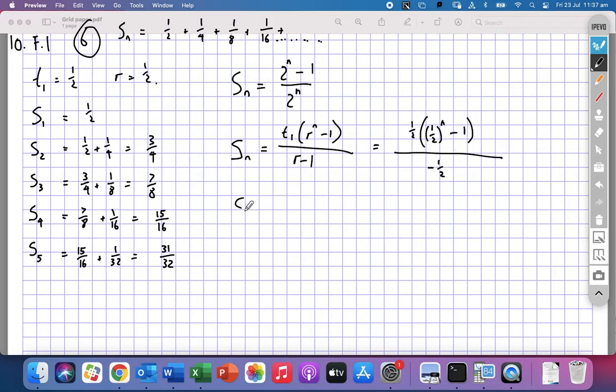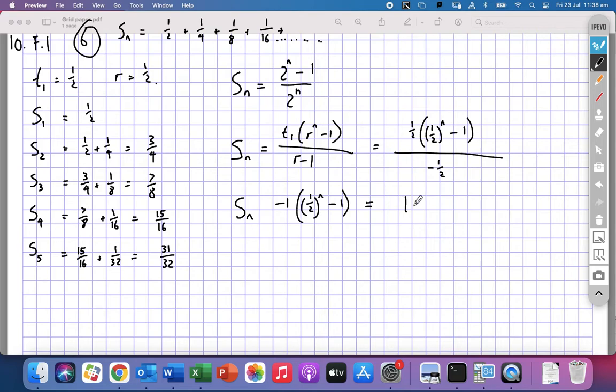Right, so I've got, well, it has to be minus 2. I've got minus 1 half to the power of n minus 1. Right, let's expand this. All right, hopefully you're following this. I'm basically just doing 2 times a half here, which gives me 1. Right.